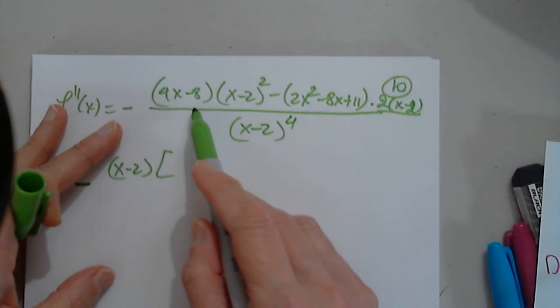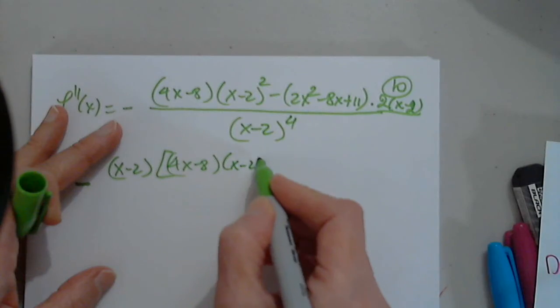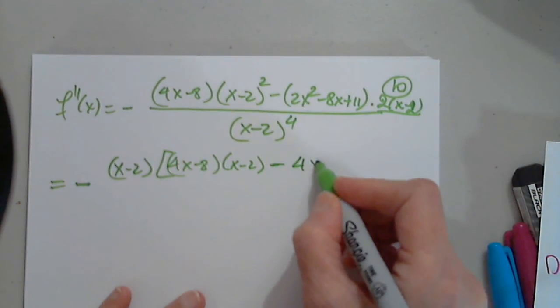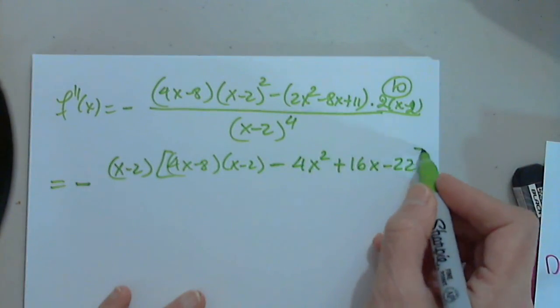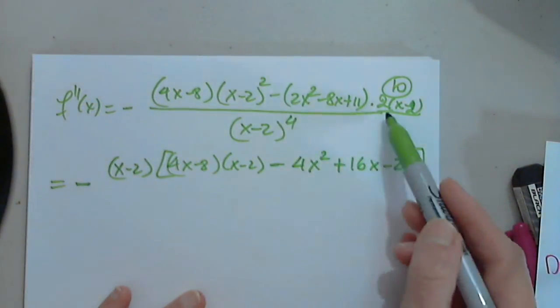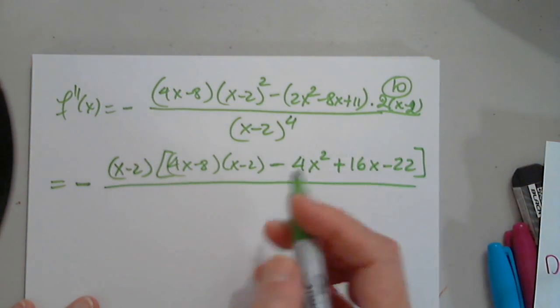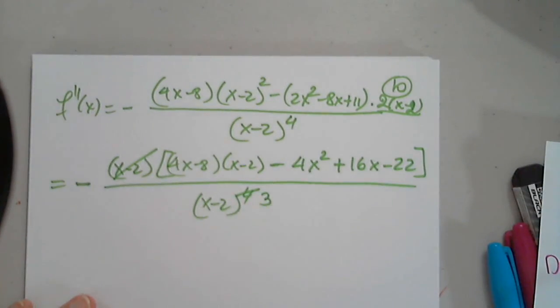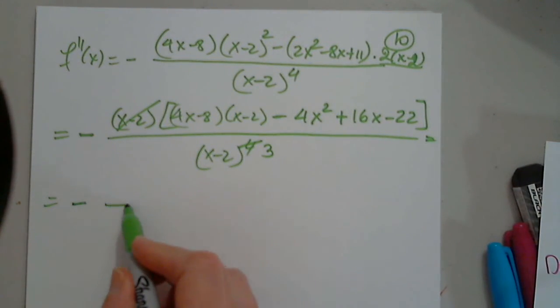And here I have a 4x minus 8 with an x minus 2 left. This is out, and now I'll distribute minus 4x squared plus 16x minus 22. Yes, x minus 2 to the 4th. Yes, one of them will go away. I'm still hoping for some more simplification.